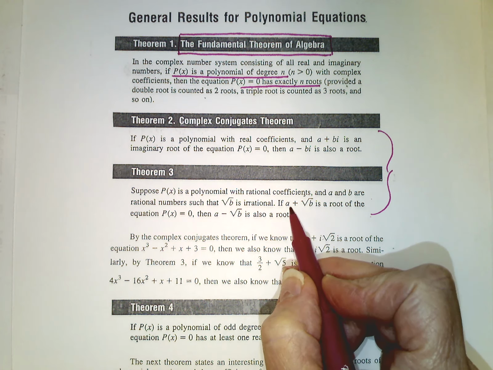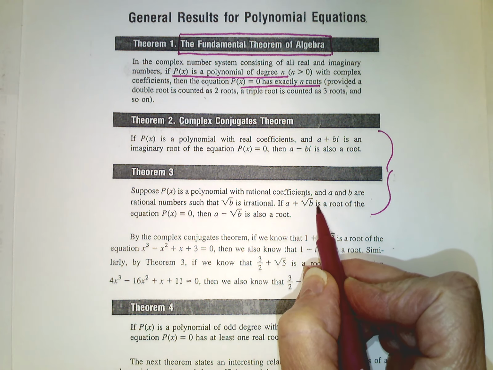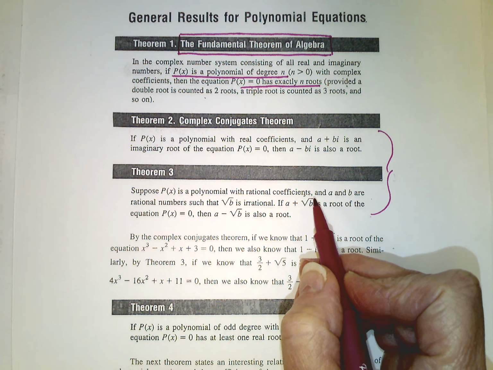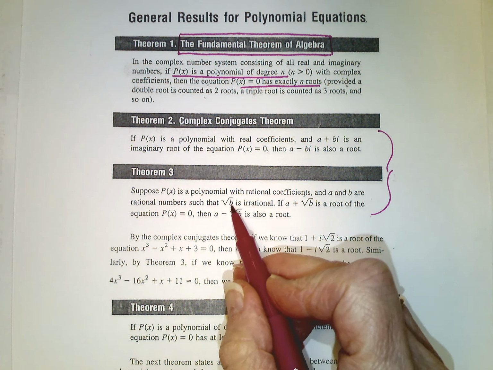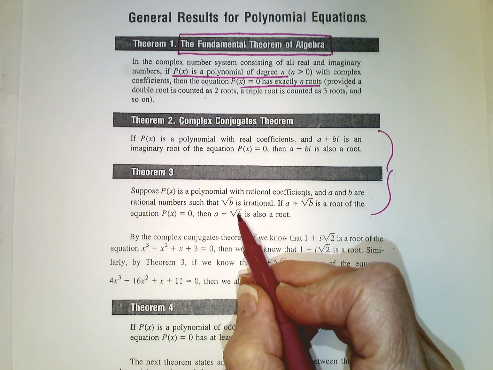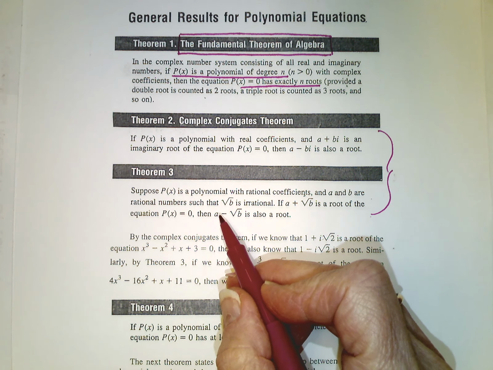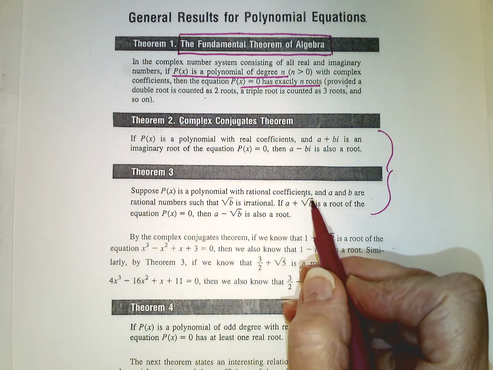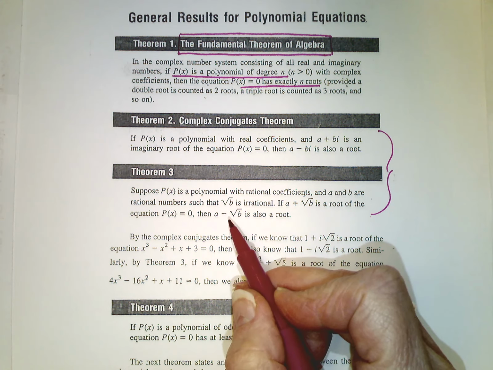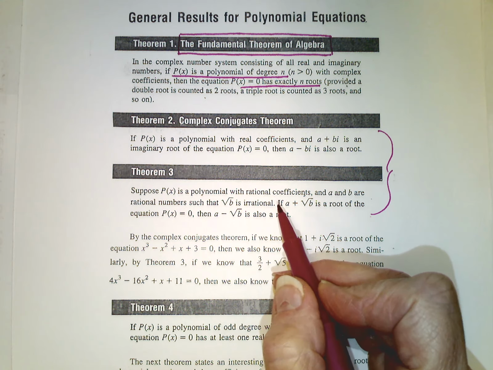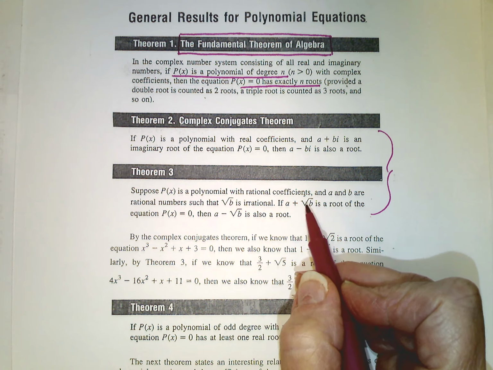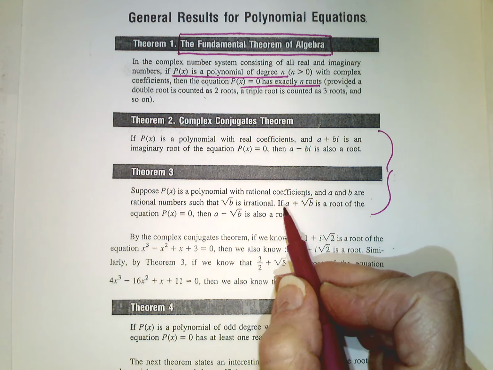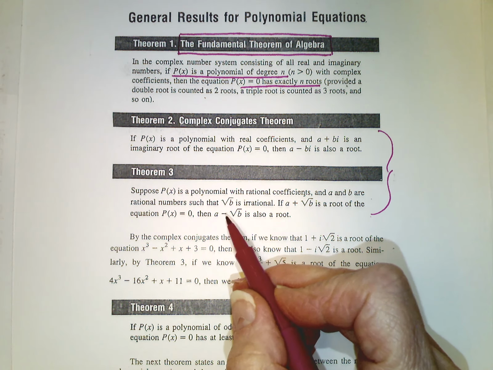They say that if a plus the square root of b is a solution, then automatically a minus the square root of b will be a solution. They come together. Both the parts of this pair have to be there. And they are identical except for the fact that one's got a plus sign, one's got a minus sign.